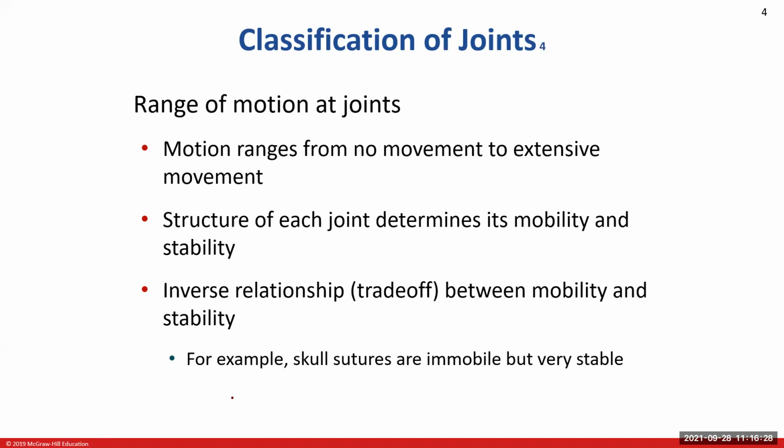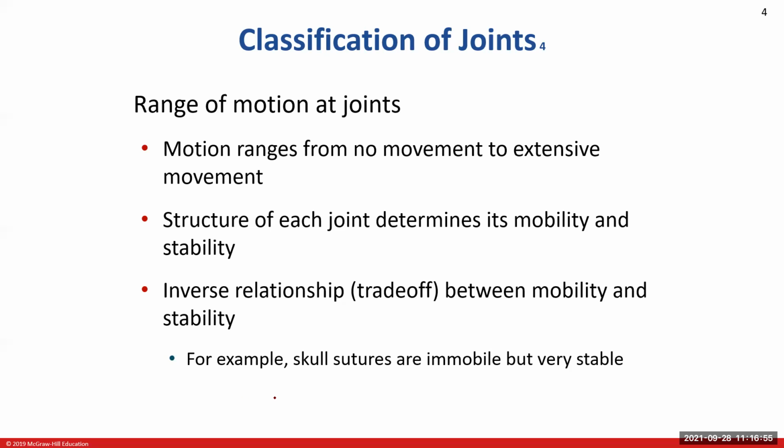Which brings me to an important concept here, because you notice when I was discussing some of the functional classifications, I said that some joints are immobile, some joints are slightly mobile, and others are freely mobile. So that has to do with motion. When we're talking about the range of motion of joints, there's an important concept that is really crucial for you to understand.